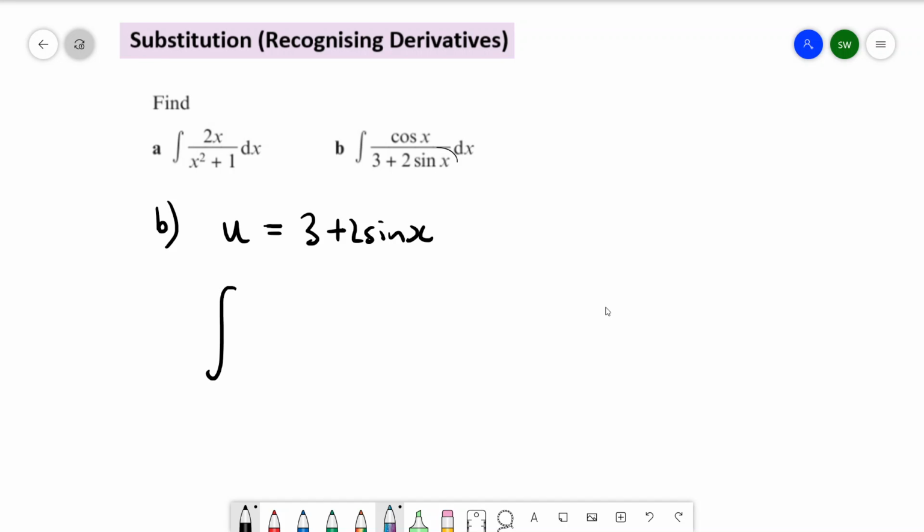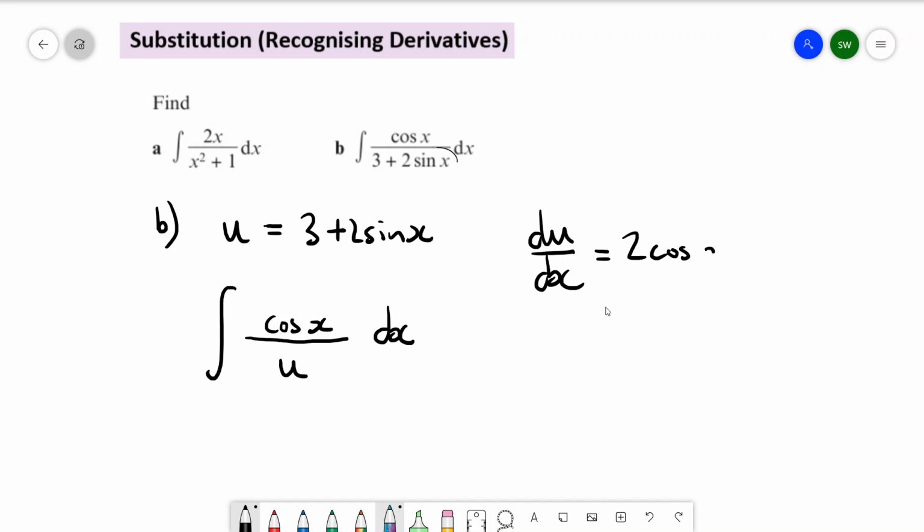So our integral is going to be, we're going to have u on the bottom, and on the top I'm going to leave cos x. So I'm going to differentiate u with respect to x to find du by dx. If I differentiate u, I'm going to get 2 cos x.